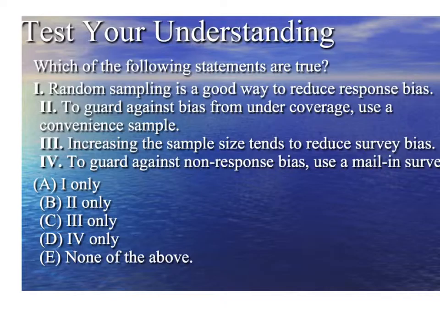To guard against bias from undercoverage, use a convenient sample. 3. Increasing the sample size tends to reduce survey bias. And 4. To guard against non-response bias, use a mail-in survey. Now, answers are A, 1 only, B, 2 only, C, 3 only, D, 4 only, E, none of the above.